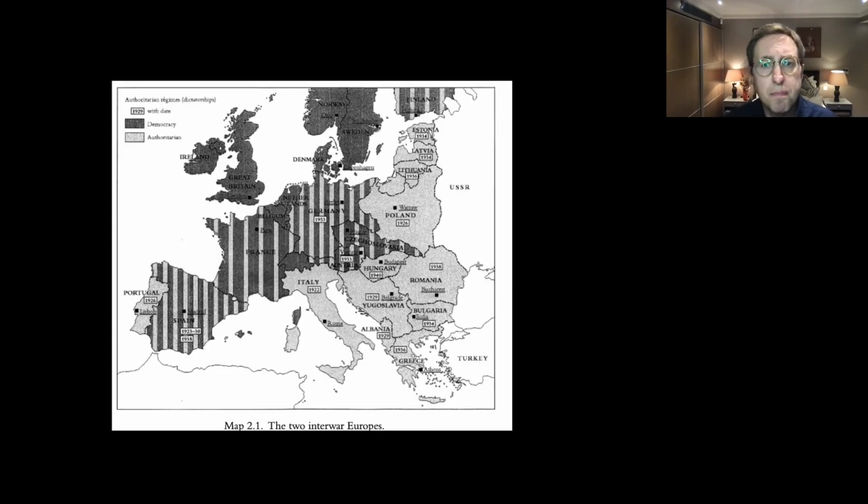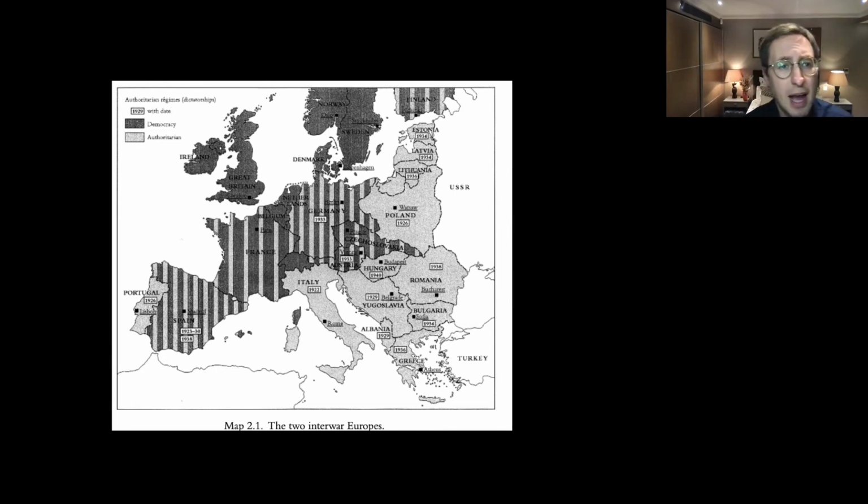And this image, it's not quite accurate, and I will explain it in a moment, but it gives you a sense of where we stand during the so-called interwar period. By interwar we mean the 1920s and 1930s, with regard to democracy in Europe.